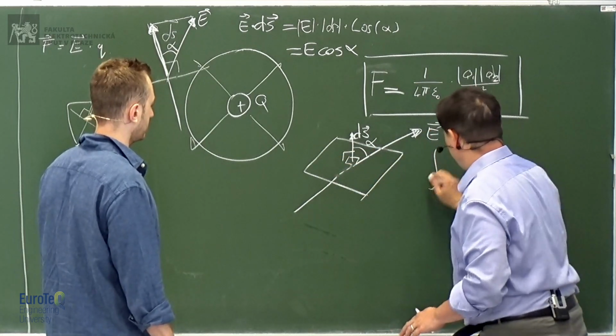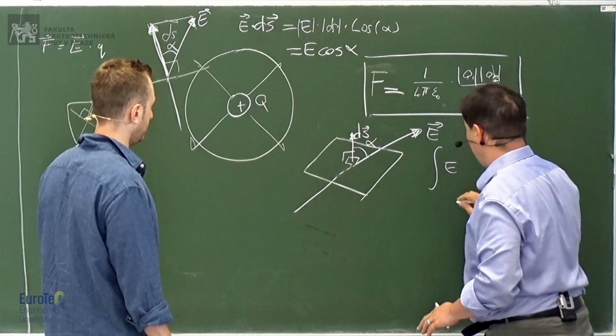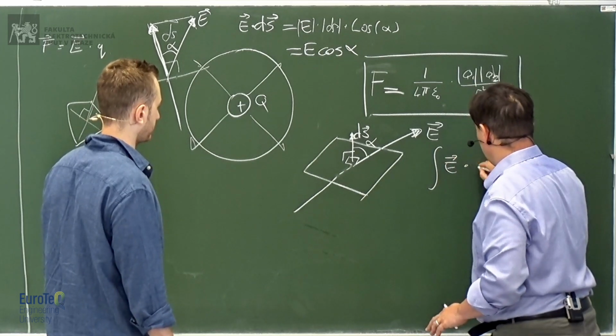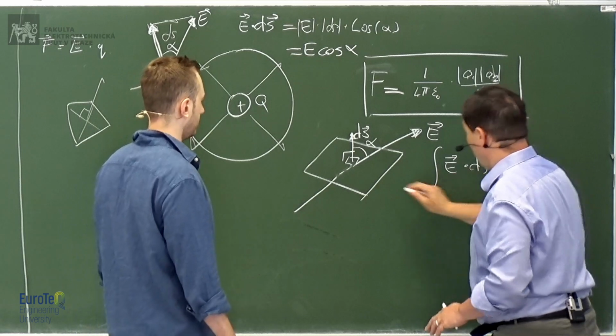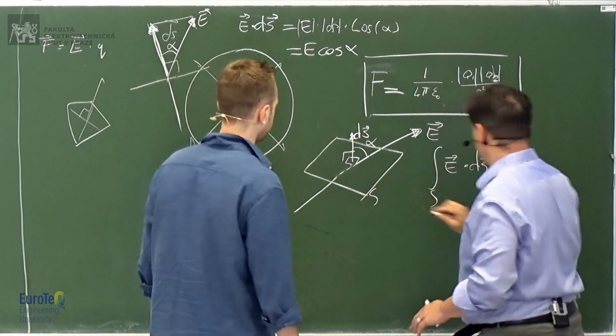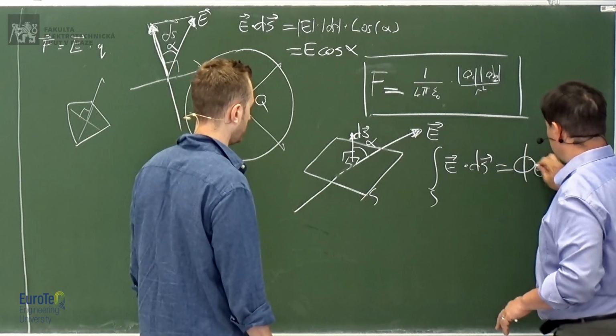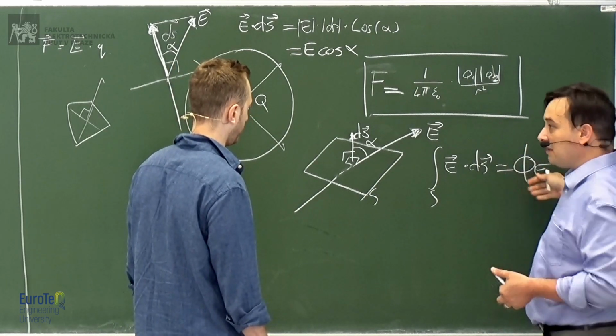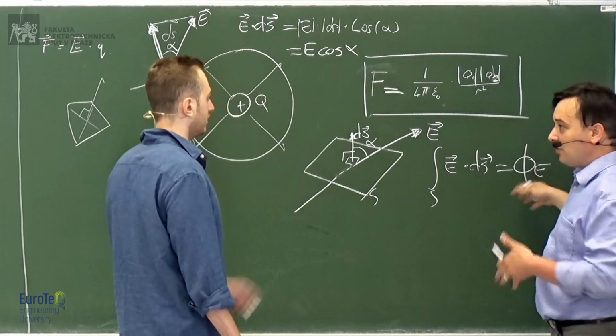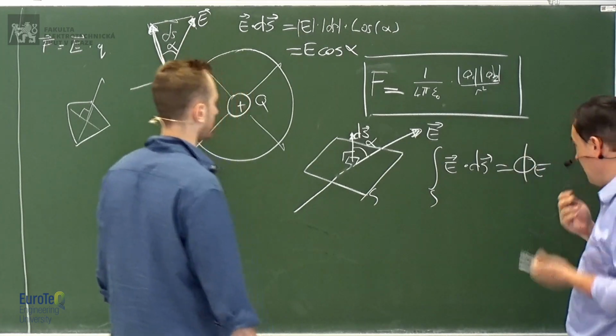So if you integrate E dot ds over the surface, it's a surface integral, and you get what's called the electric flux.